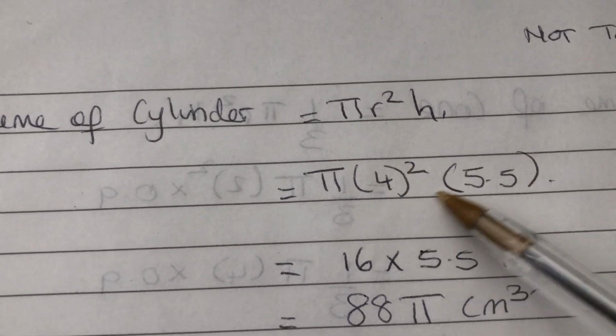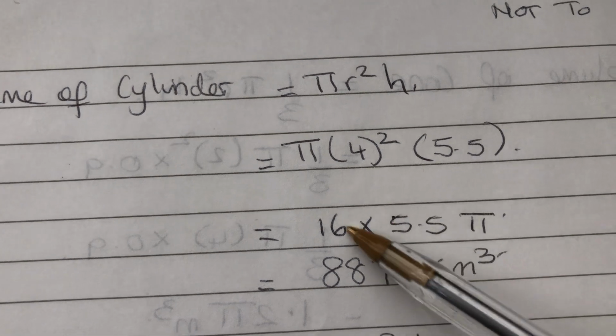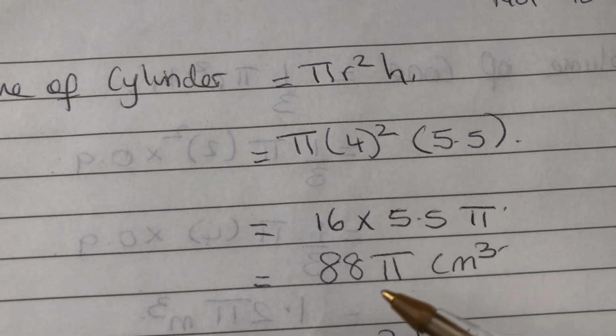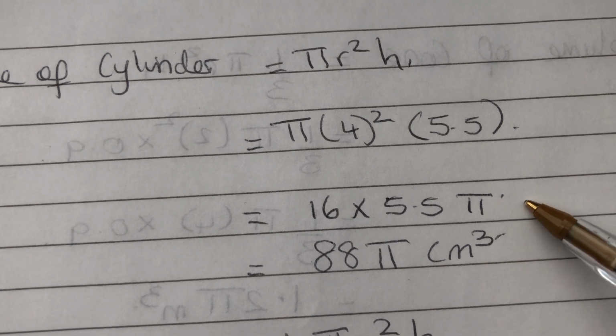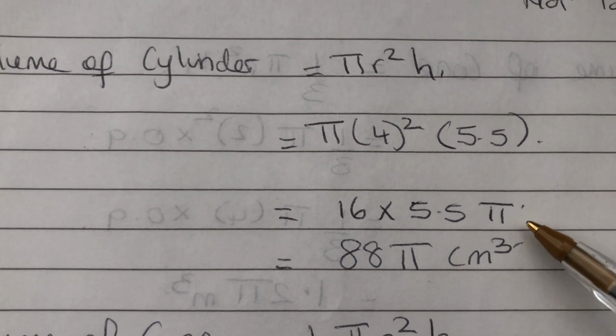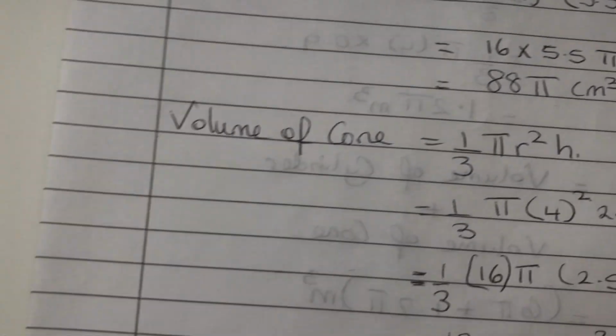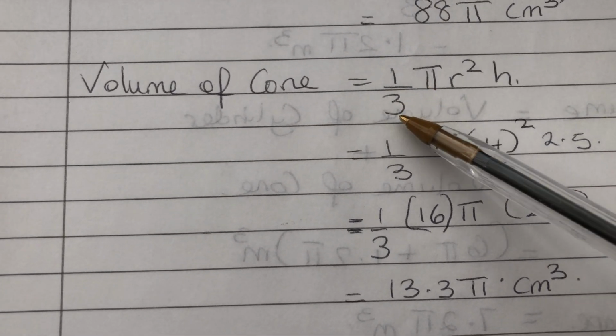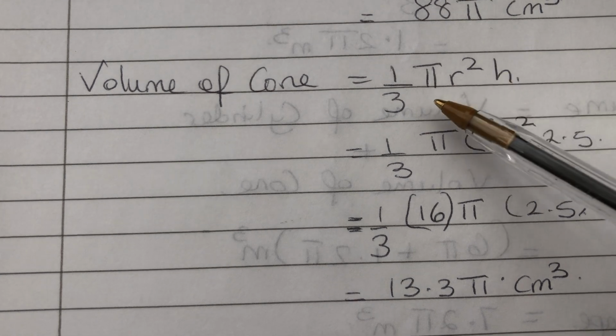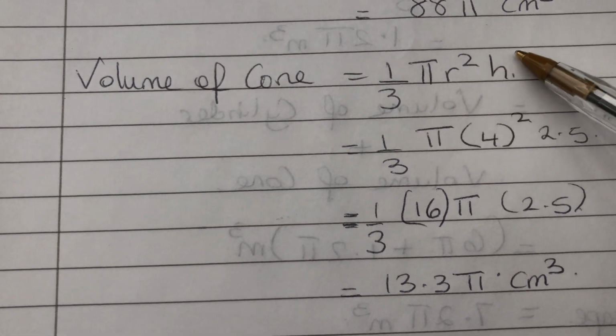This is what we've got. If you do this on the calculator, you get 88 pi centimeter cube. I've checked, so you can also check. Now the volume of the cone is 1/3 pi r squared h.